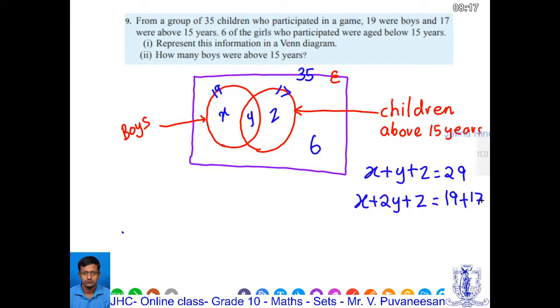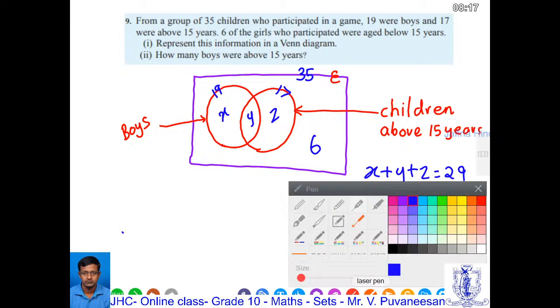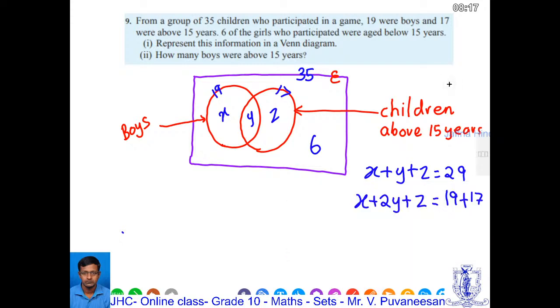How can I put this? Look at this. This circle contains x plus y. This is y plus z. If I add both these two, x plus 2y plus z, that is equal to 17 plus 19. 17 plus 19, how much? 36.